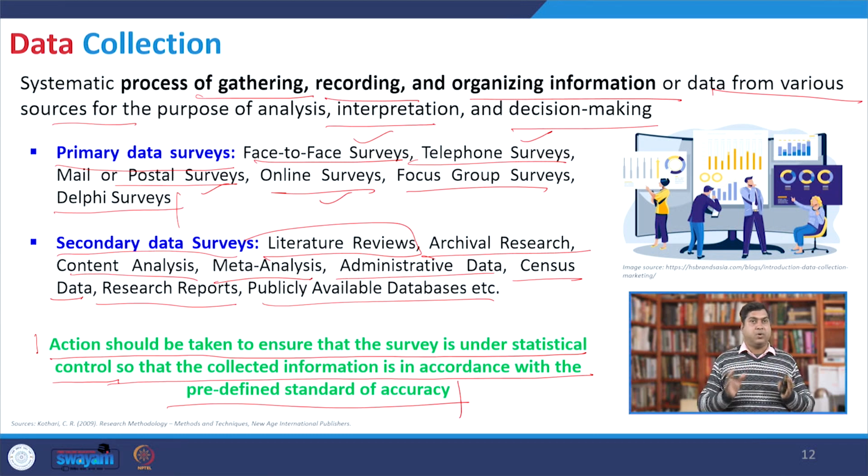So you fix what kind of analysis you are looking for, and that should have enough logic to select the particular analysis technique which will satisfy the objective or answer the research questions, and accordingly you go and collect the information.